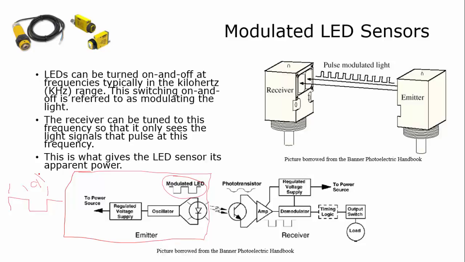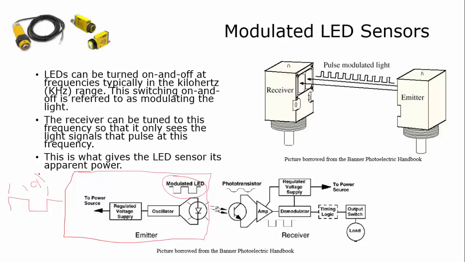Now you can't switch an incandescent light bulb that fast because the filament needs time to heat up, to light up, and the filament needs time to cool down in order to turn off. But an LED is instant. You turn power on, it's lit. You turn power off, it's not lit.